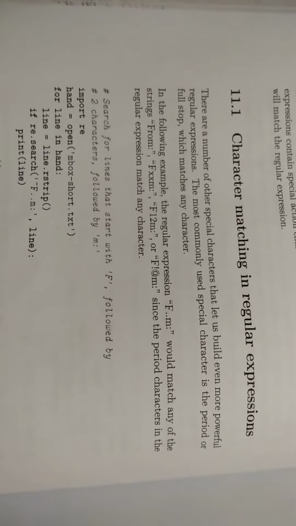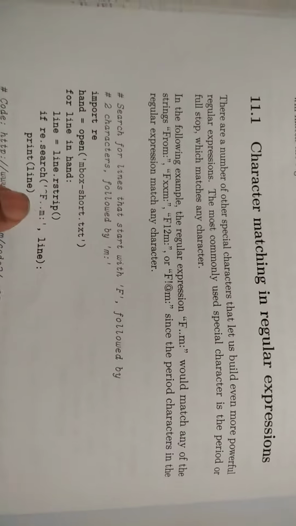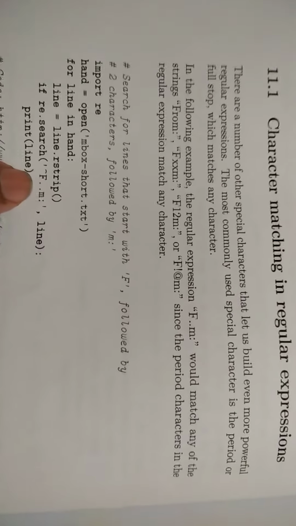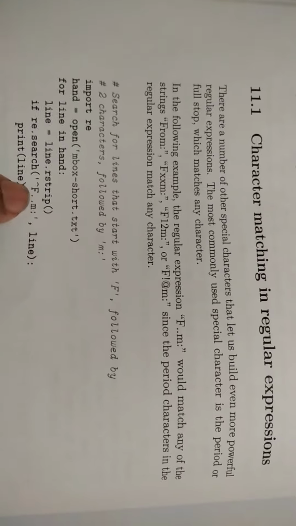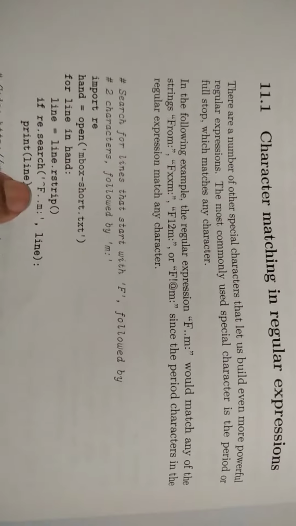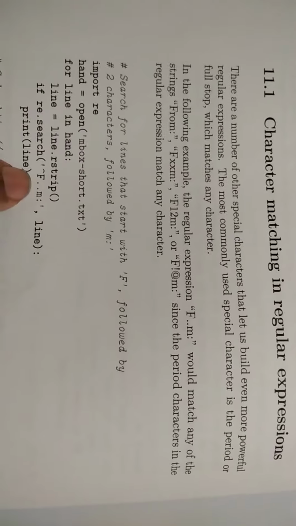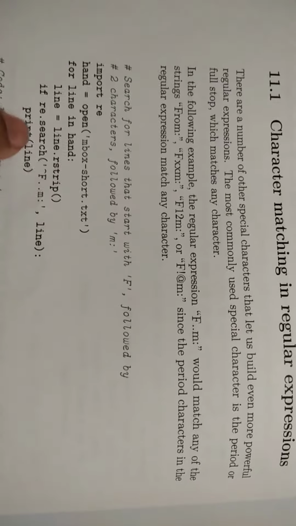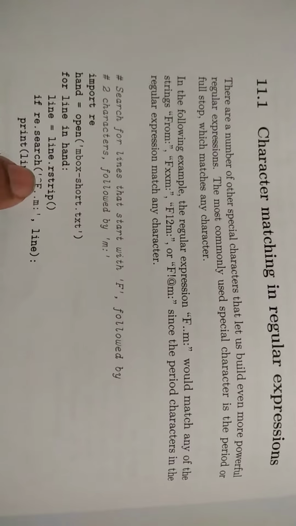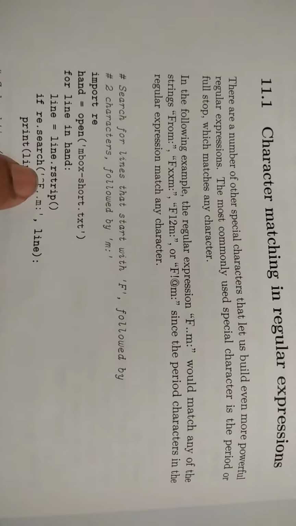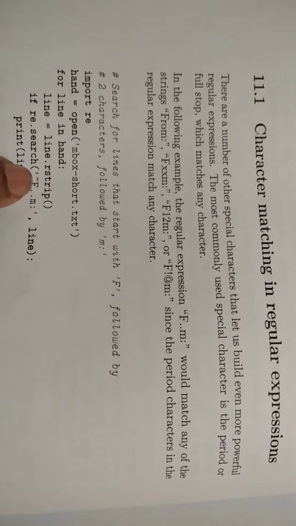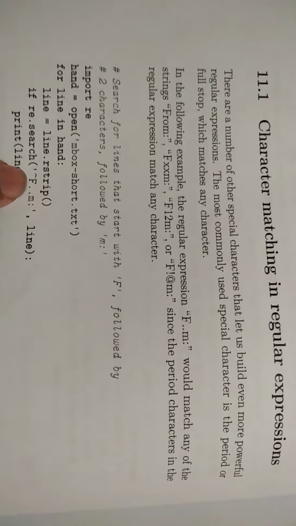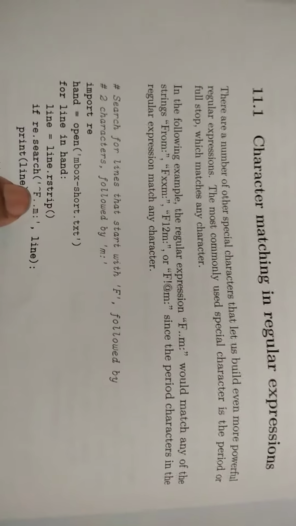Next, character matching in regular expression. Another wild card or special character is the dot, also called a period. What is the meaning of the dot character? It selects any single character. Now we have written a program to search for lines that start with the character F followed by exactly two characters.